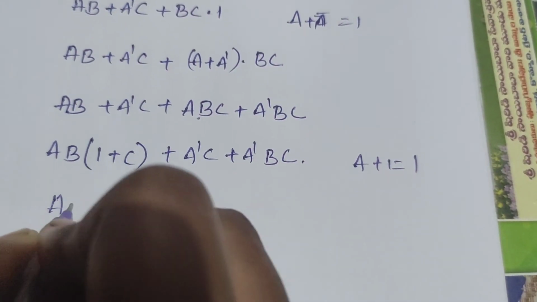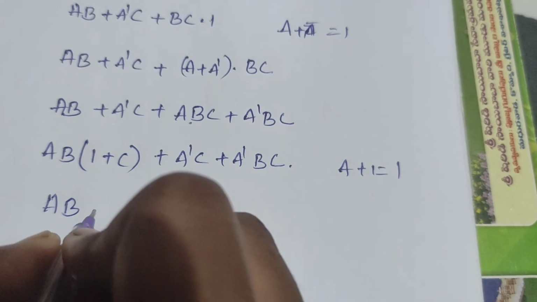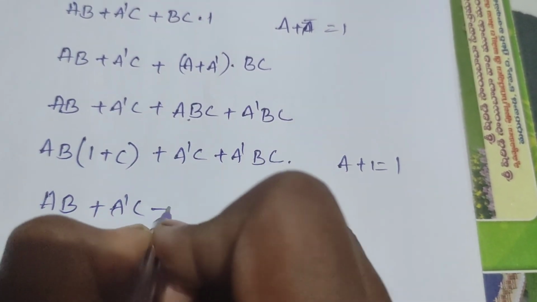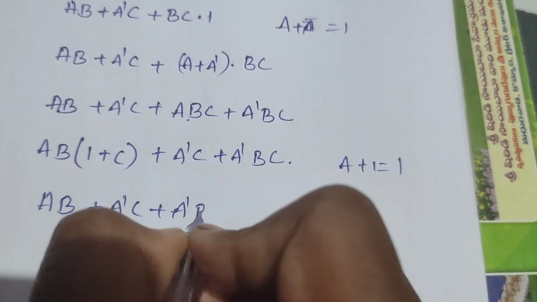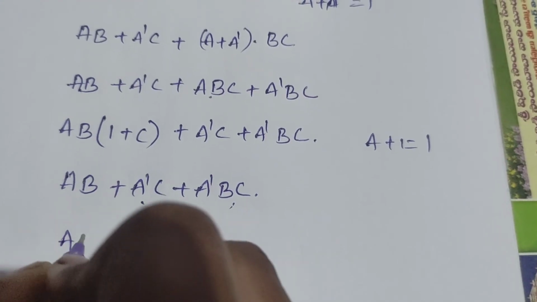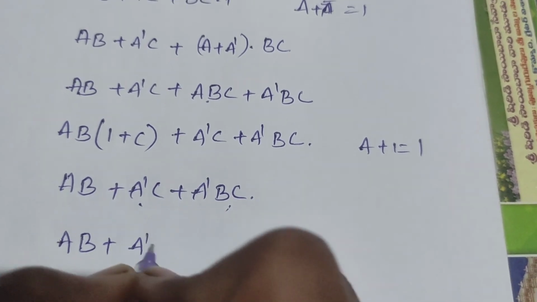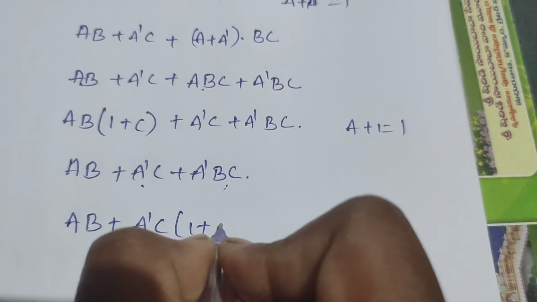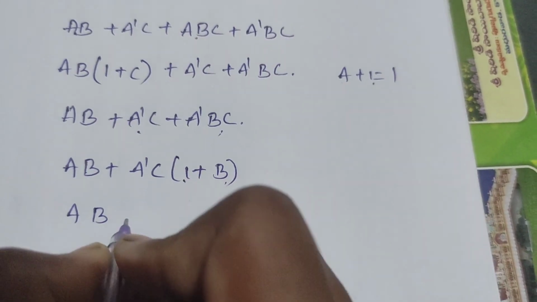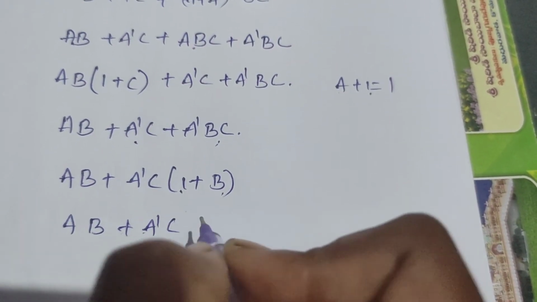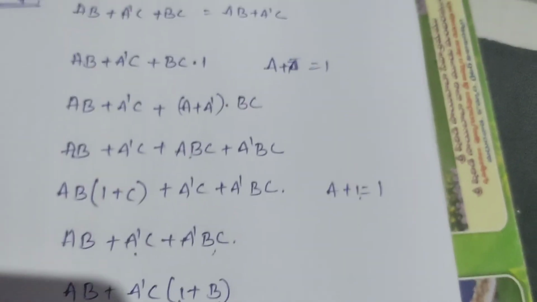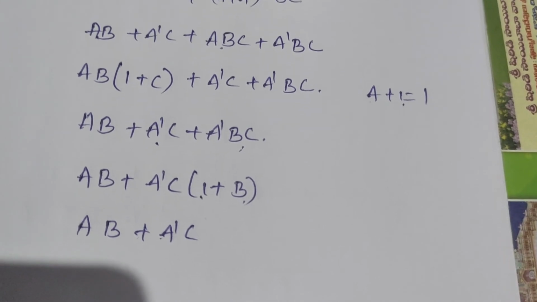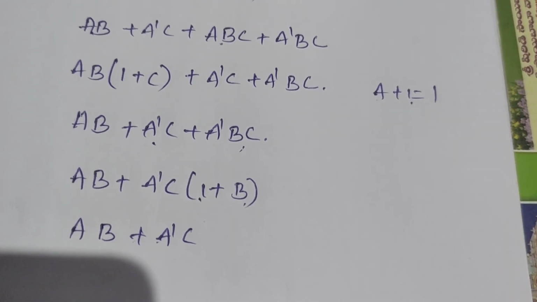Similarly, AB into 1 plus A bar C plus A bar BC. A bar C is taken common: 1 plus B. AB plus A bar C. So hence the consensus theorem is proved. So in this way we can prove any theorem.